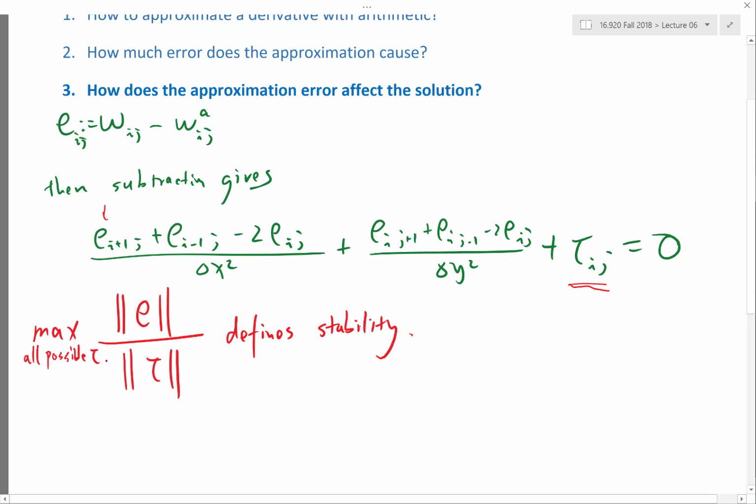And tau here is a vector. It's a vector consisting of the values tau ij across all the possible indices i and j. i goes from 1 to n or 0 to n depending on initial condition, and j goes from 0 to m or 1 to n minus 1 or whatever. Okay, so this is the definition of stability.